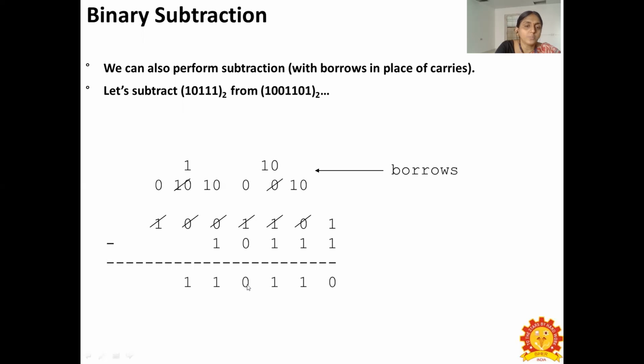The fourth position will be 0 minus 0, 0. Again in the fifth position the numerator is less, so we are borrowing again and we get 1 as the output. Again, since we borrowed, here we get 1, then the result of this bit will be 1 and at last it will be 0.